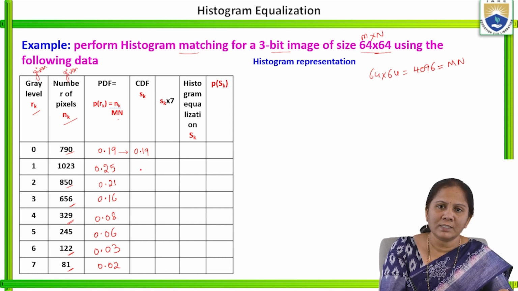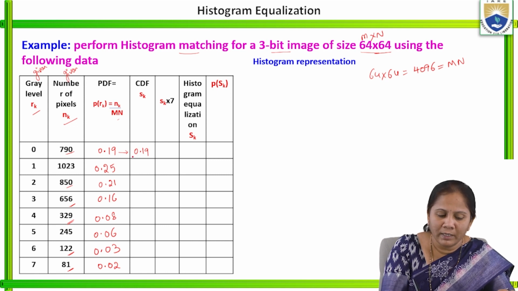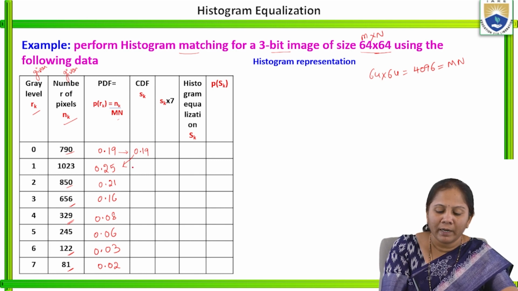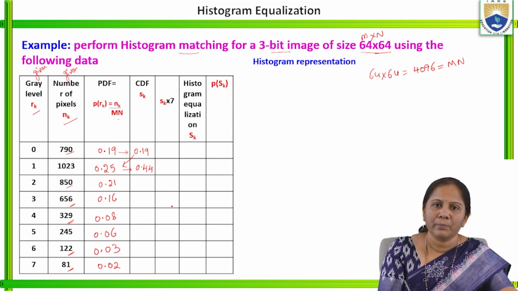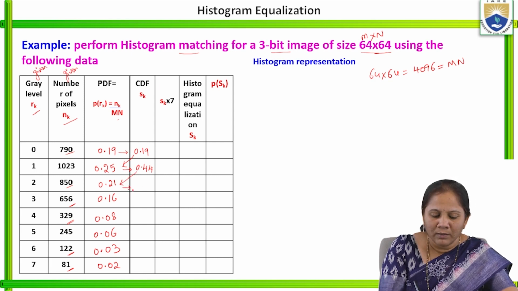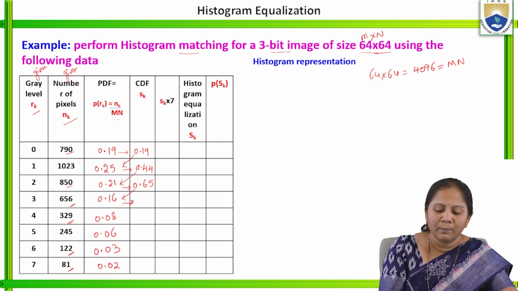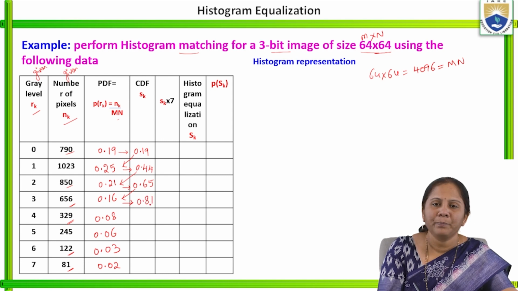To find the next value, we perform the CDF: 0.19 plus 0.25 equals 0.44. To find the next value, 0.44 plus 0.21, the value is 0.65. Next, 0.65 plus 0.16, the value is 0.81.